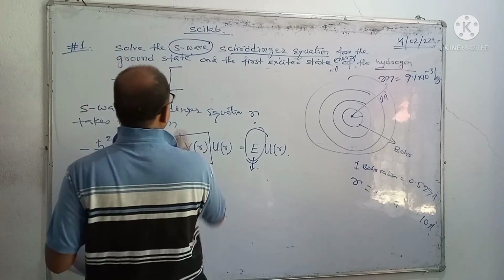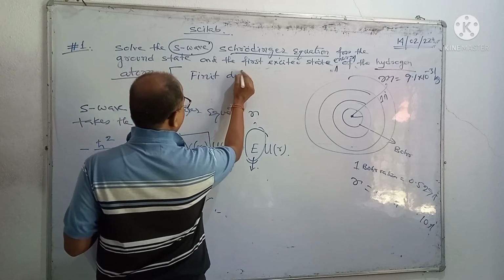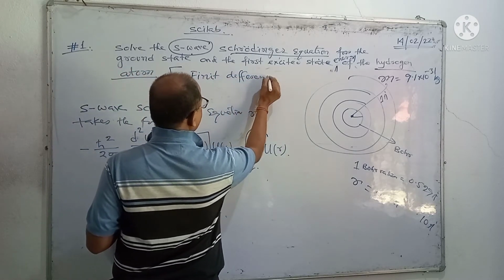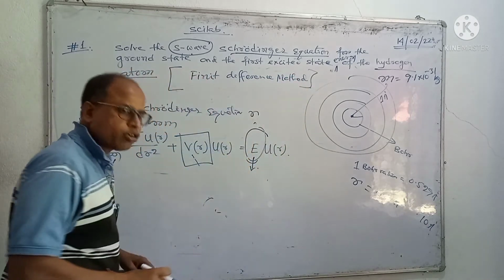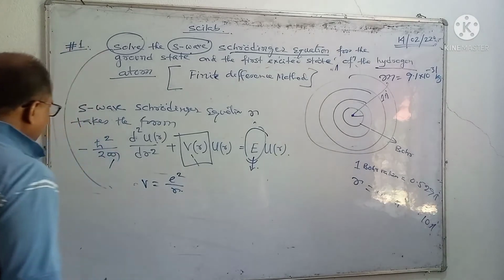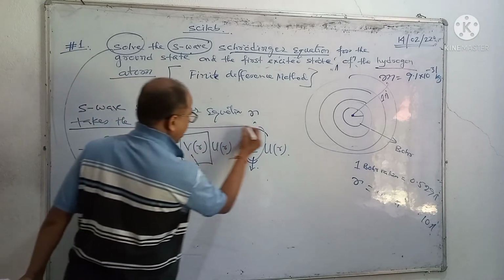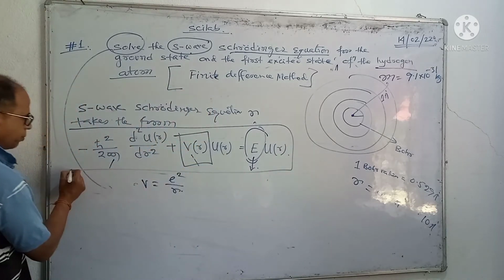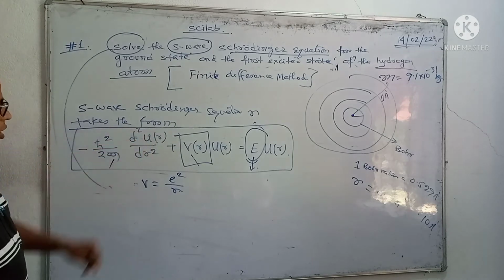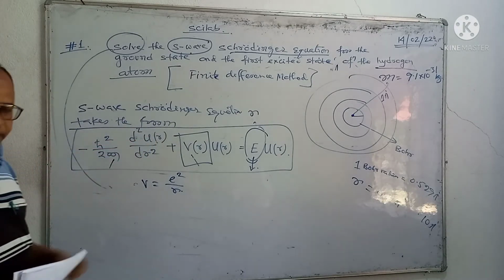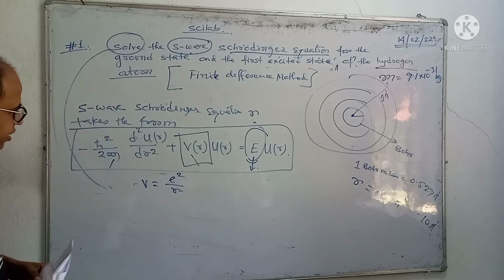I will follow the finite difference method. Okay? What is the finite difference method? I will show. Now, therefore, you see, this is our mother equation, what I have to use in our programming. This is the Schrodinger equation for the radial part, for l is equal to 0.